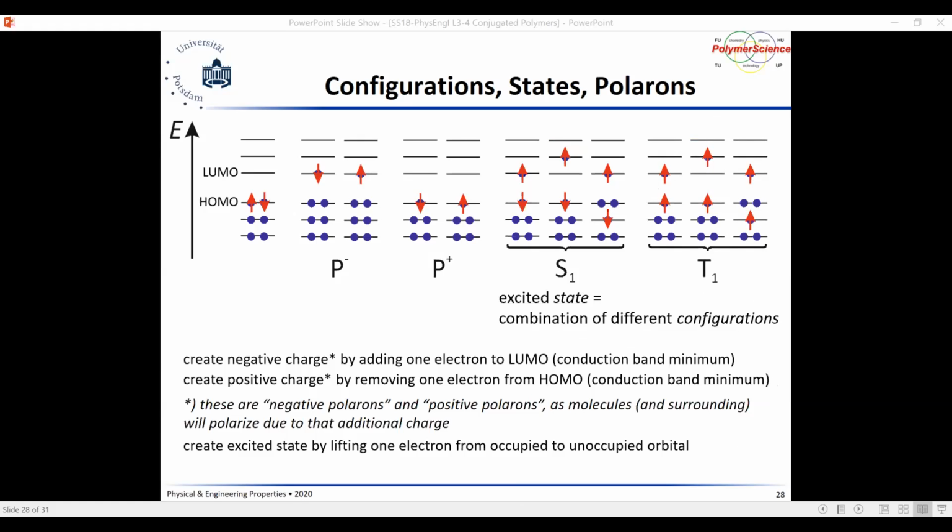And in general, there are 3 different configurations for the triplets: up-up, down-down, or 1 over square root of 2 times (up-down plus down-up). Whereas for singlets, it's up-down minus down-up.